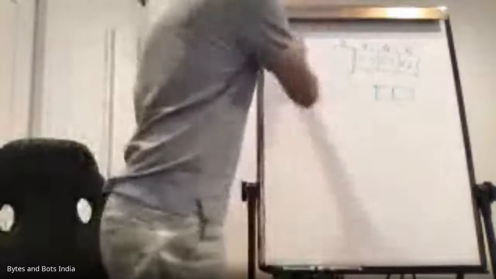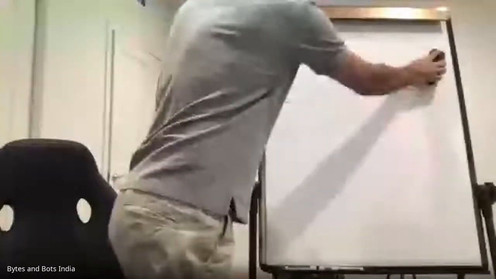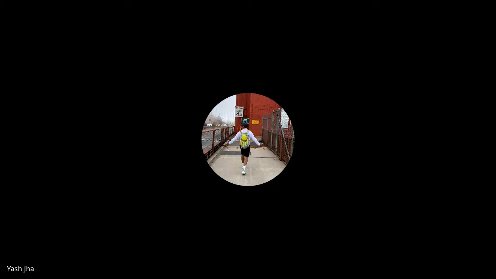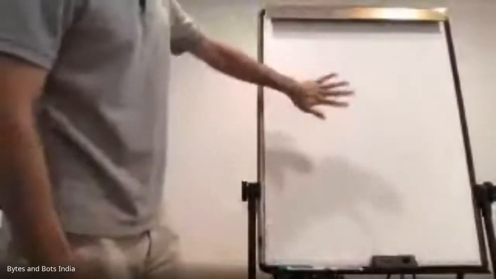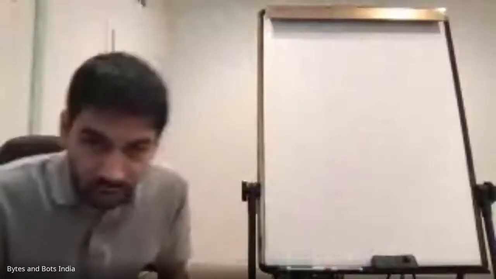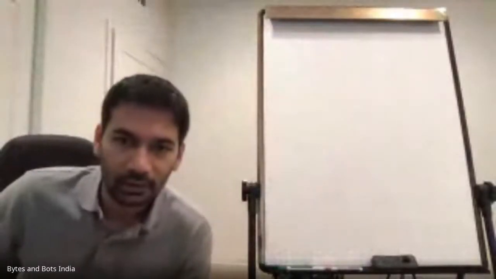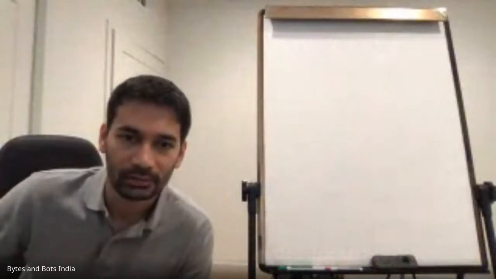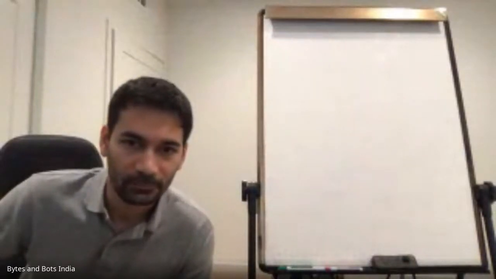Meanwhile, I'll just clean the whiteboard. Is it any better or still blurry? Still blurry. Let me drop off the call real quick, and I'll join back in like 2 minutes. Sorry, guys.